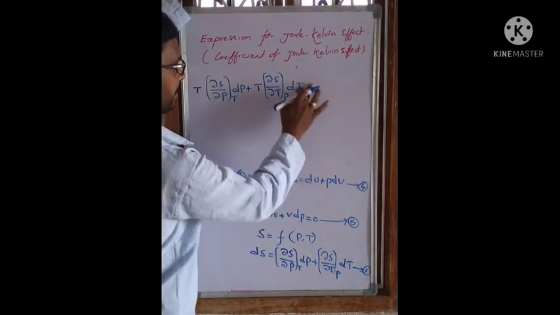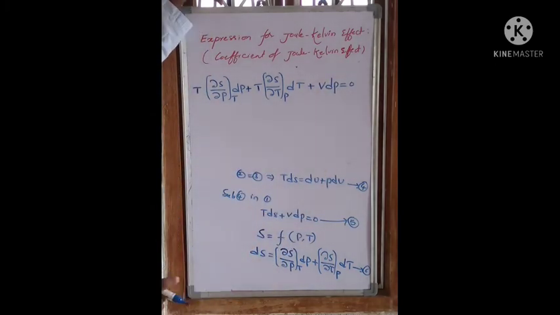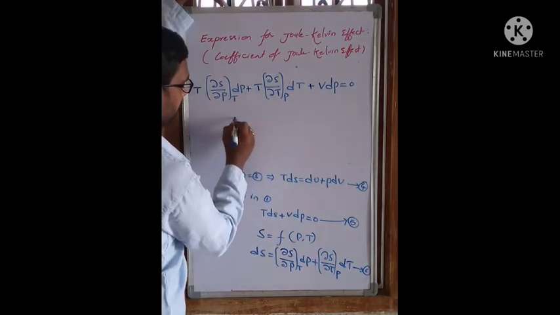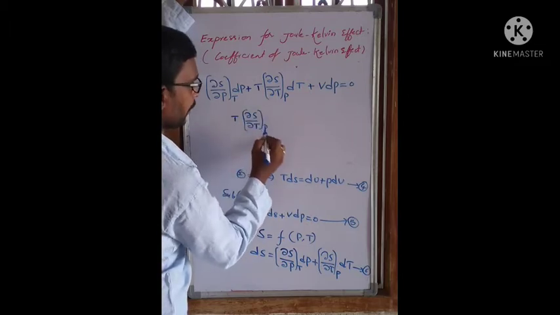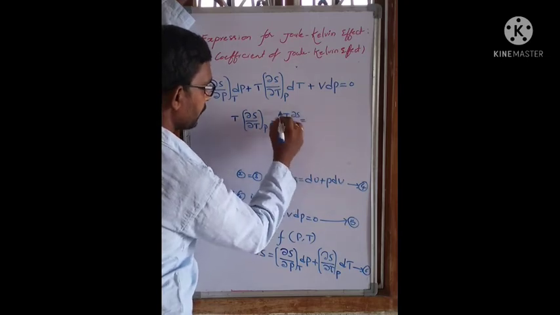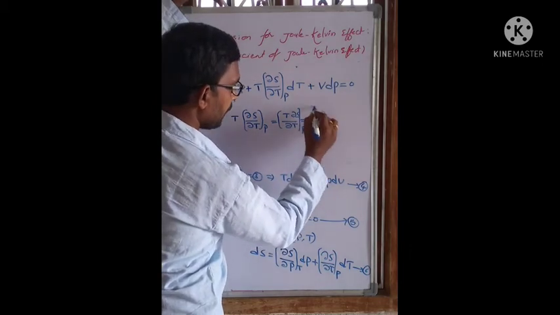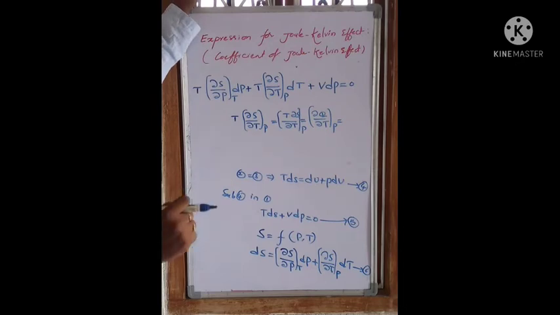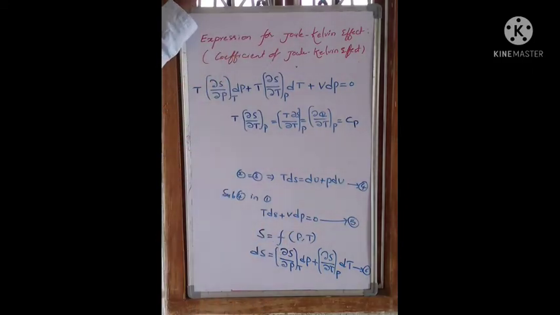Now we know that the term T dou S by dou T at constant pressure P can be written as dou Q by dou T at constant pressure. This is the specific heat capacity at constant pressure, represented by Cp.